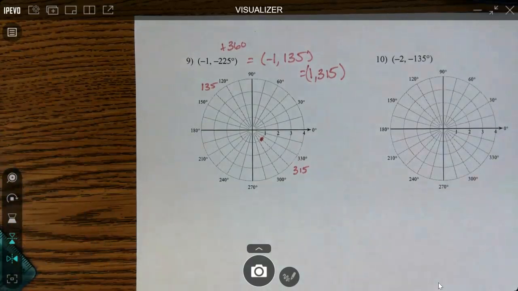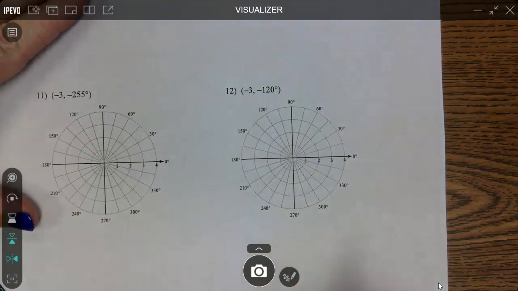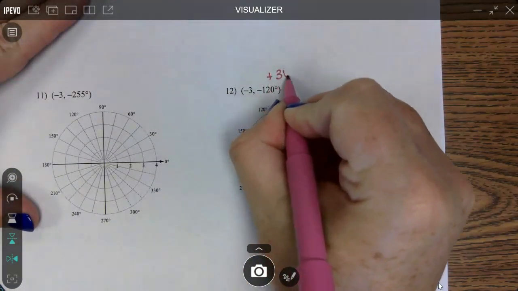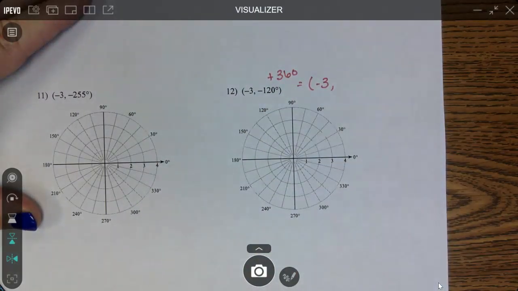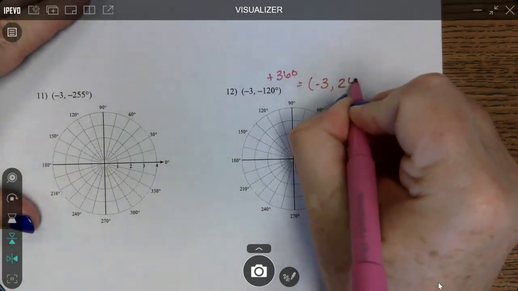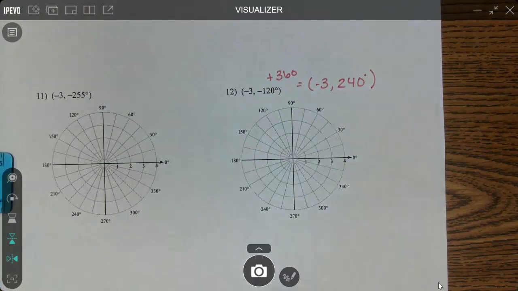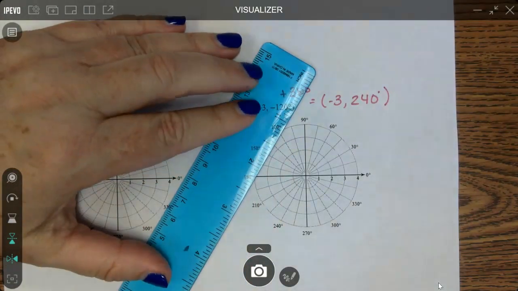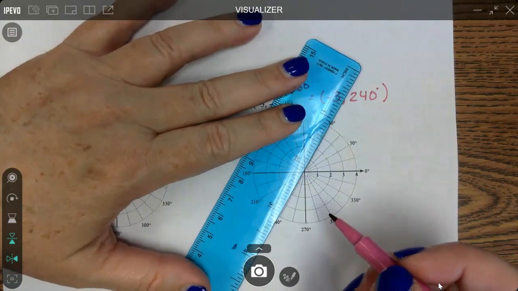Let's do it differently. Let's go down here. Number 3, I'm sorry, -3 and 120. So again, we're going to add 360. 240, I believe. Now, so let's find 240. And the ruler just helps keep those lines straight. 240.